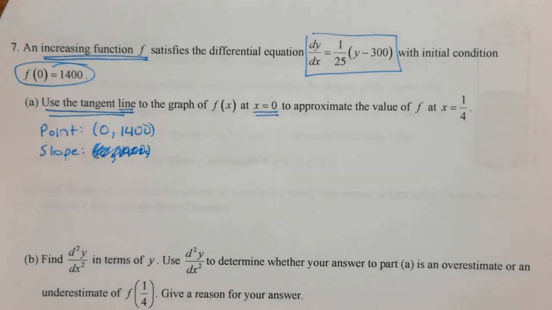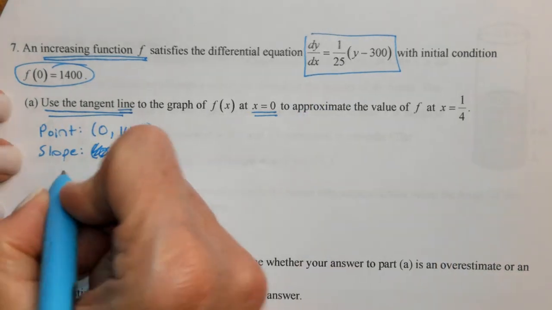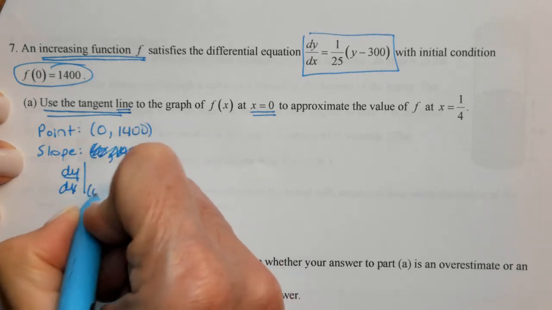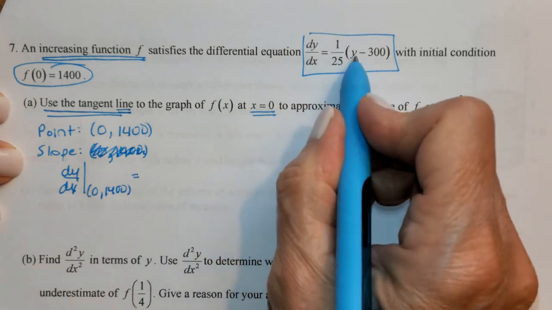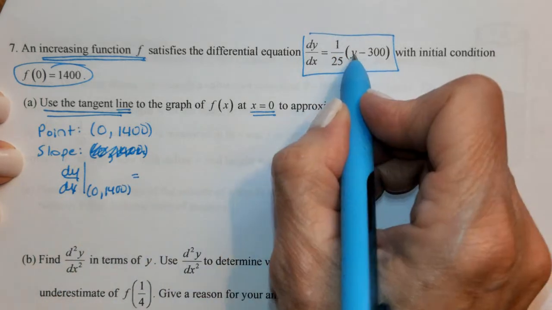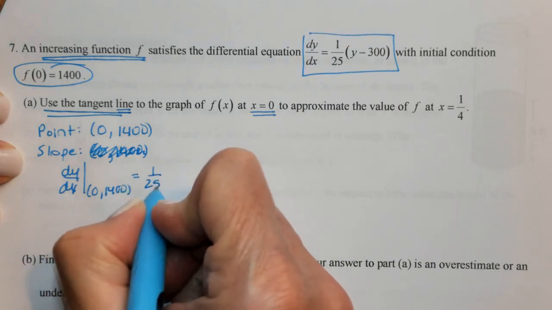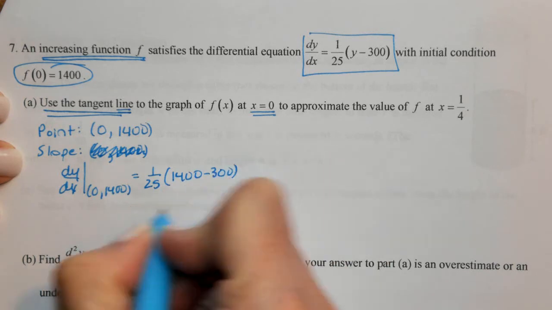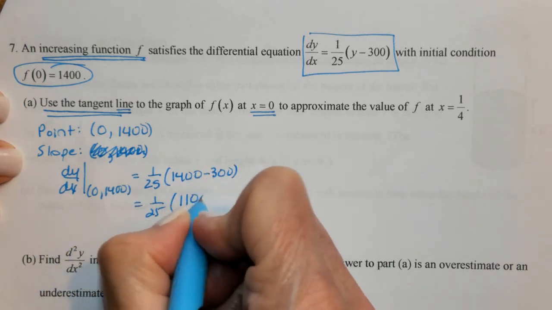Okay. The slope, did they give us a slope? Well, almost, because they gave us the equation for slope. So dy/dx at our point is going to be, okay, we're putting 1400 in for y. There's no place to put the 0, right? That's okay. But we're putting 1400 in for y. That is 1/25 times 1100.